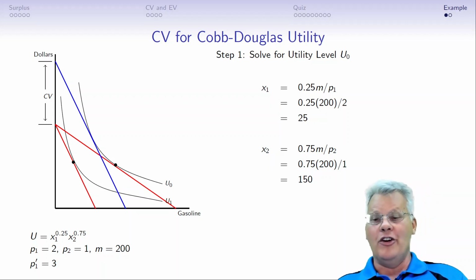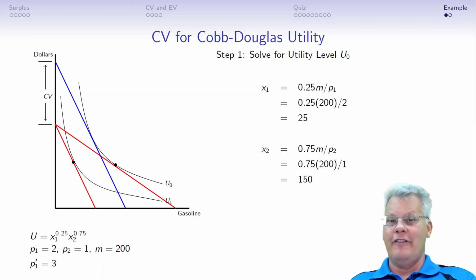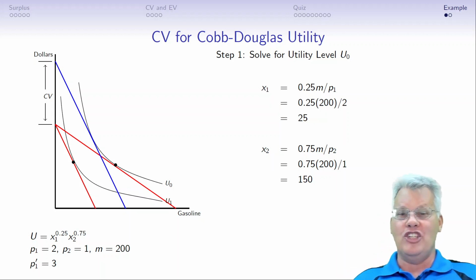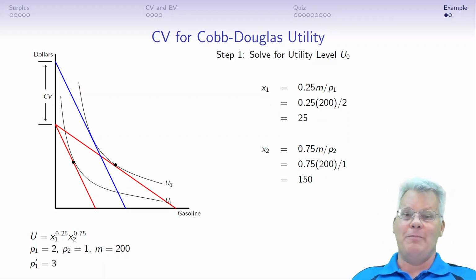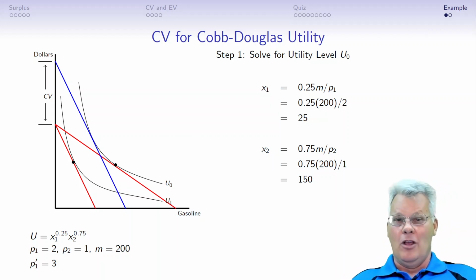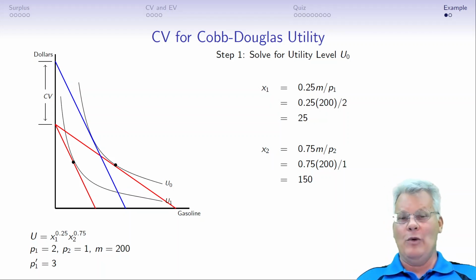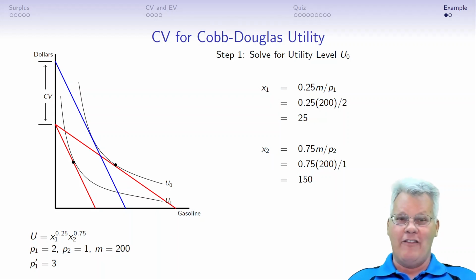That's $50. They spend $50 on good 1 which costs $2 for each unit. That means they're going to purchase 25 units of x1. And that's what we get from substituting values into the demand function as we've derived it before.